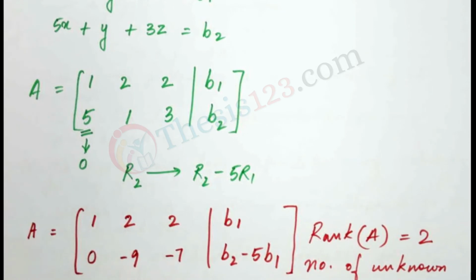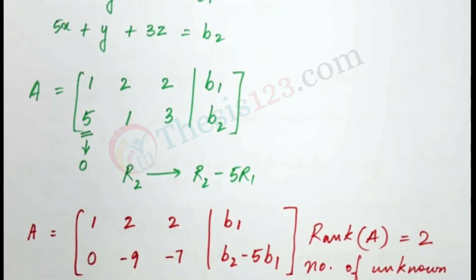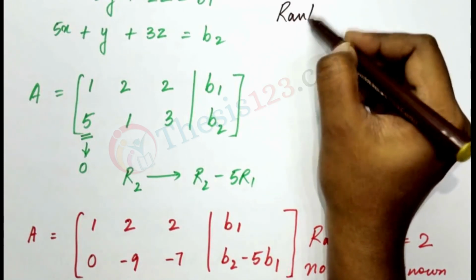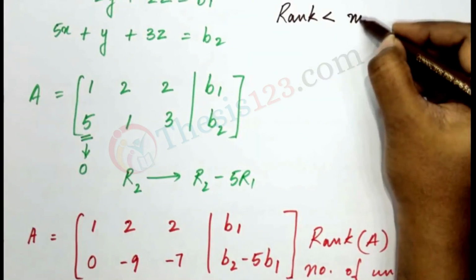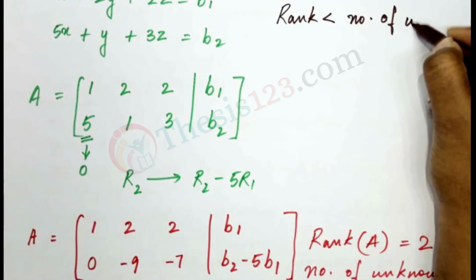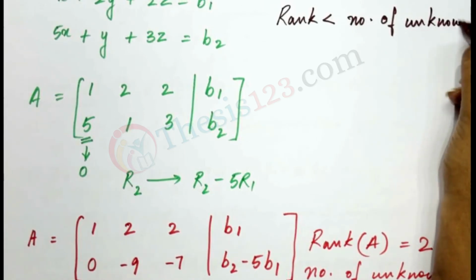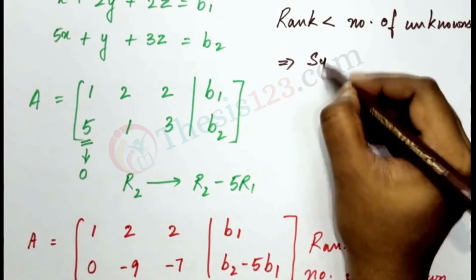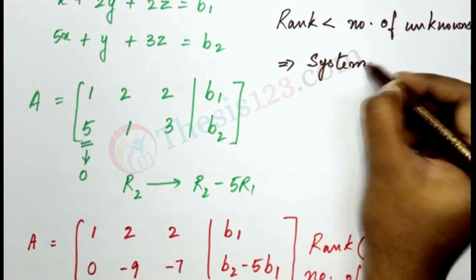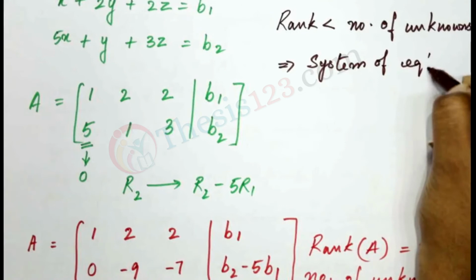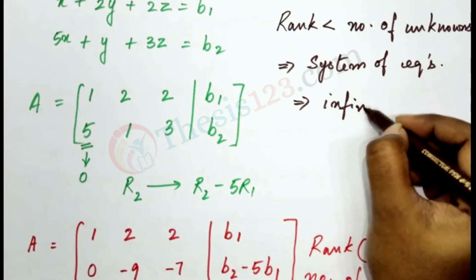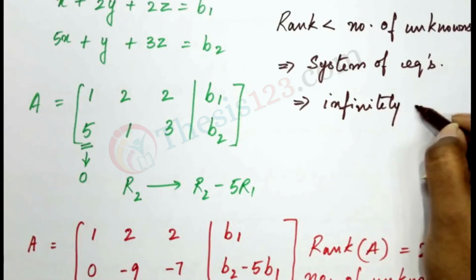So let me just write that down on the top corner here. When the rank is less than the number of unknowns, this implies that the system of equations has infinitely many solutions.